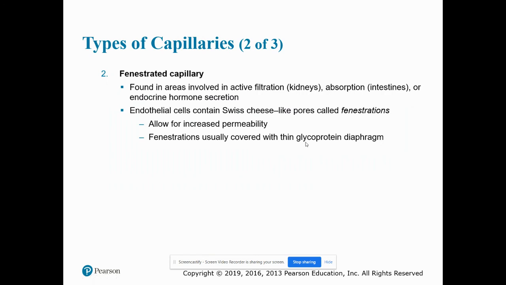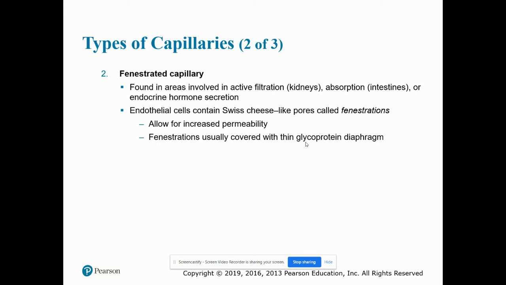There are fenestrated capillaries. These are found in areas involved in active filtration, like the kidneys, or absorption, like the intestine, or endocrine hormone secretion. The endothelial cells contain pores that look like Swiss cheese holes, and they're called fenestrations. What they do is increase permeability.